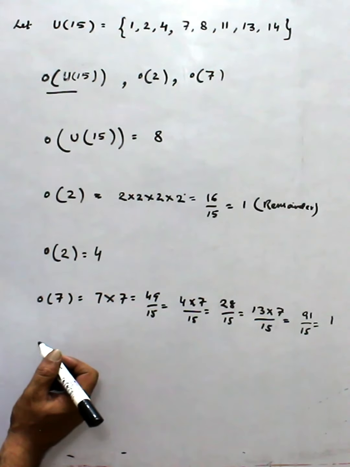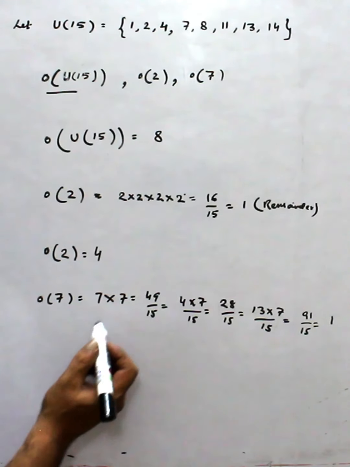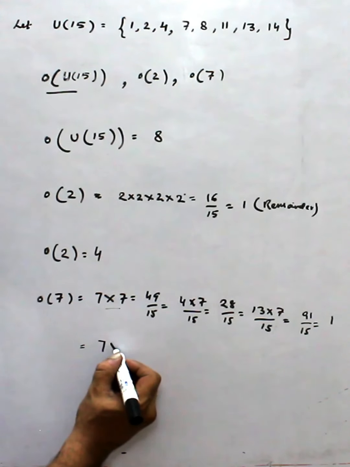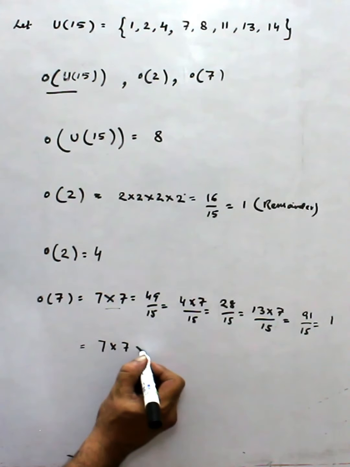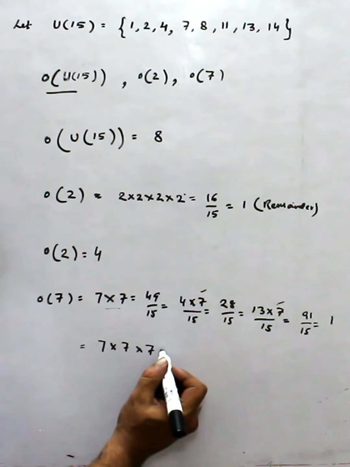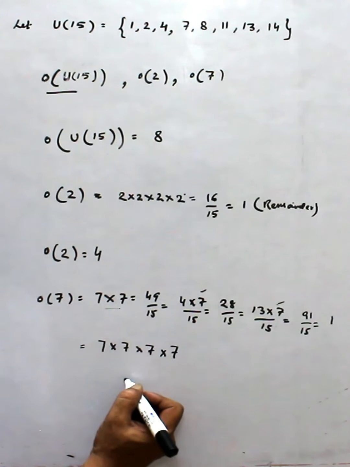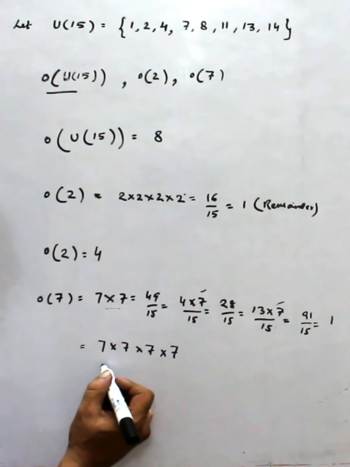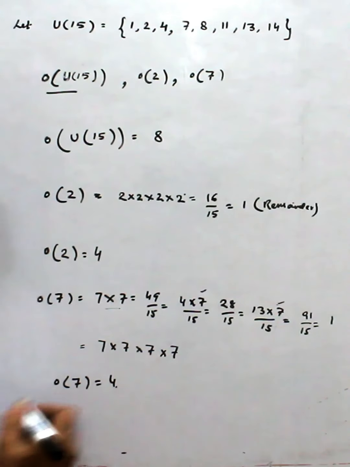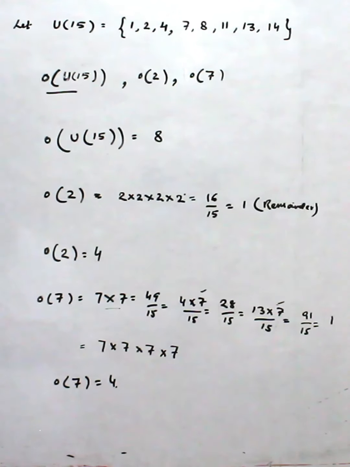That means this is the fourth 7. So the order of 7 is 4. So this is the way we can find the order of an element, and the order of the group.